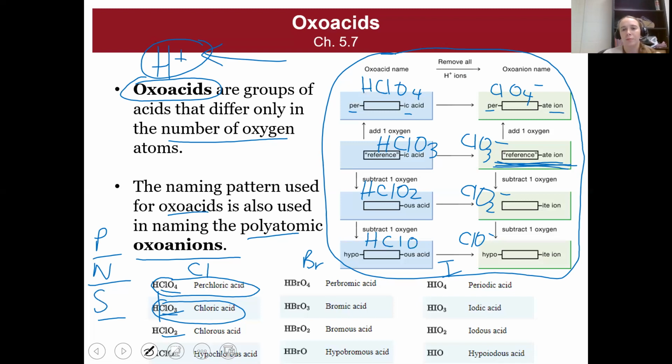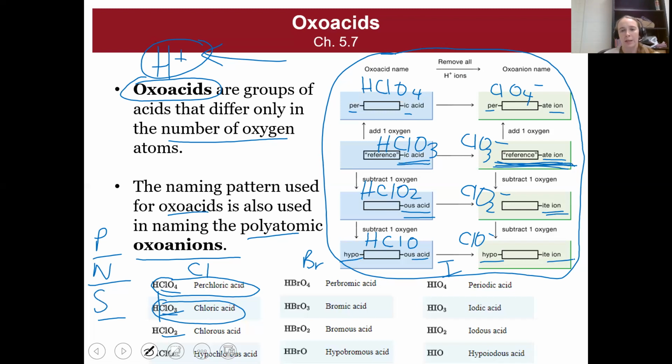So the ones to remember really would be chloric acid and chlorate ion go together. Chlorous acid and chlorite ion go together. So the ic and the ate ending go together. The us and the ite ending go together. And then the hypo is the same and the per is the same.